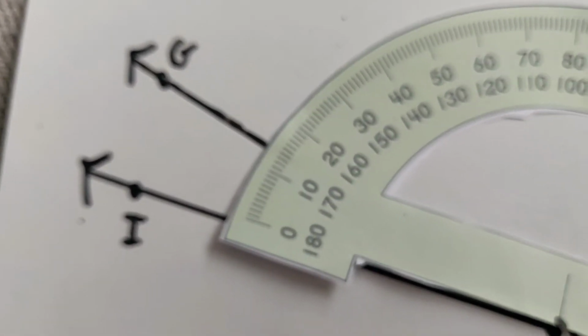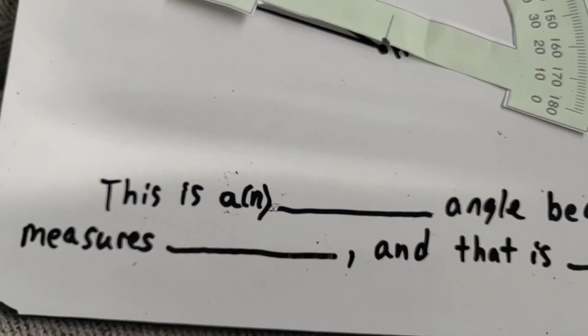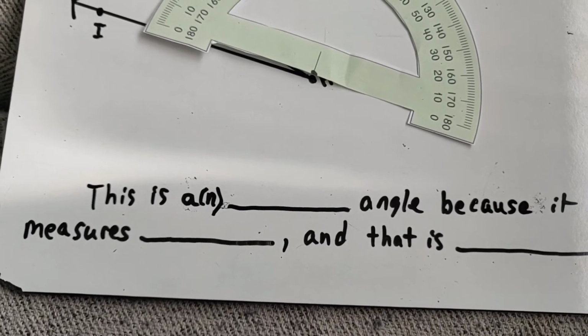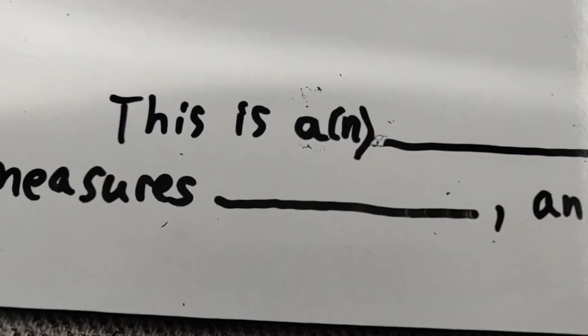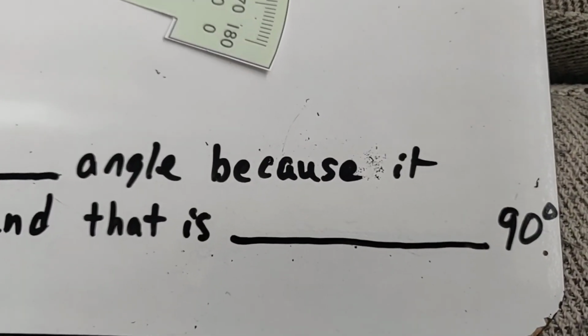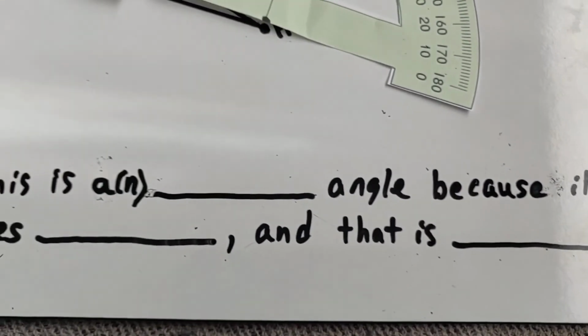So pause the video, and you want to write in, is this acute, right, or obtuse? How much it measures, how many degrees, and if that's less than, equal to, or greater than 90 degrees.